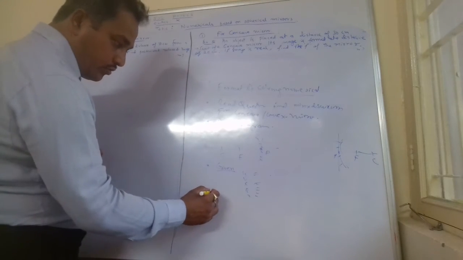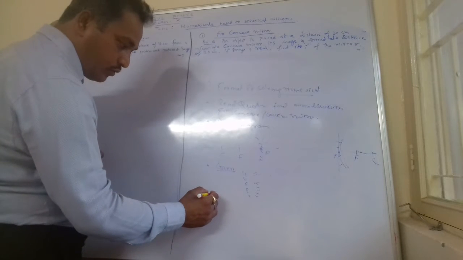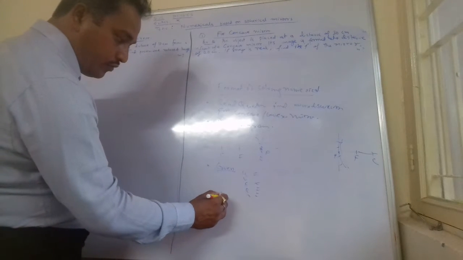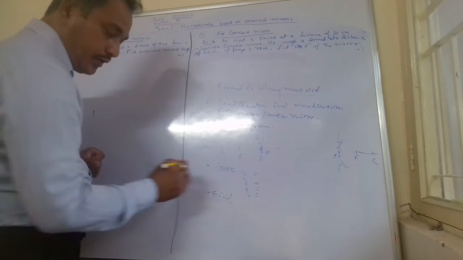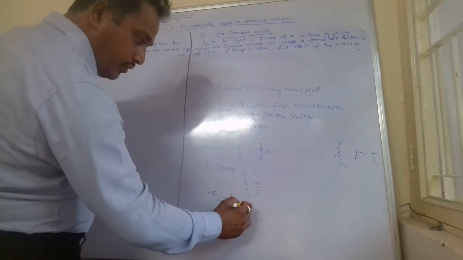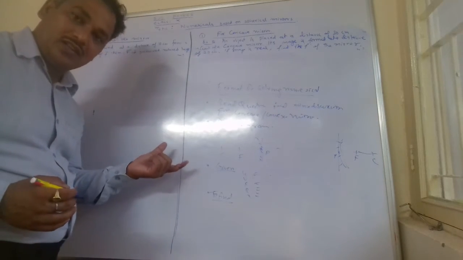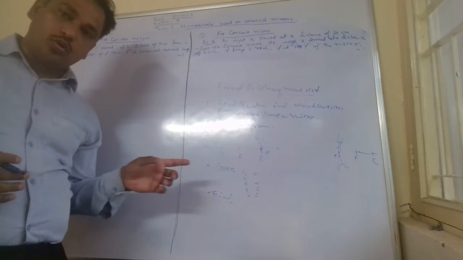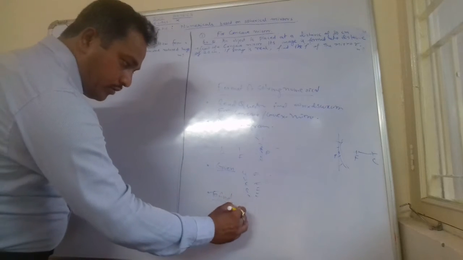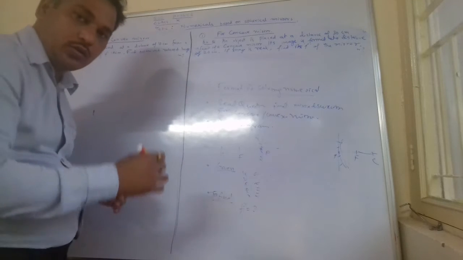Now you will write the next step, to find, what you have to find. Under this heading you write the variable which is not given in the question, the unknown. For example, f is equal to what, or u is equal to what.